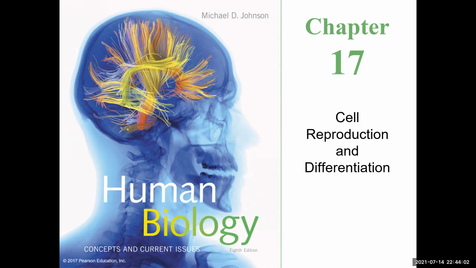It's just that I'm giving you 2 days to go over this information because it is a little more detailed and a little more nuanced than some of the stuff that we've covered in the previous chapters. So with cell reproduction, we're going to talk about how cells divide the DNA and how the DNA is replicated.